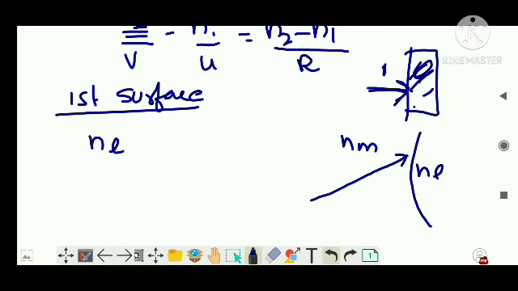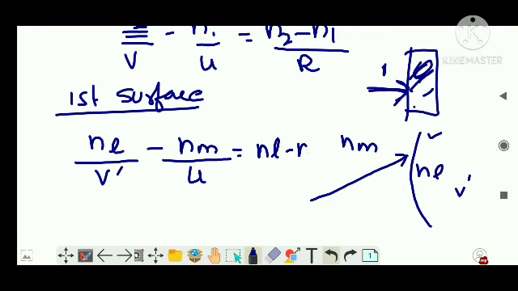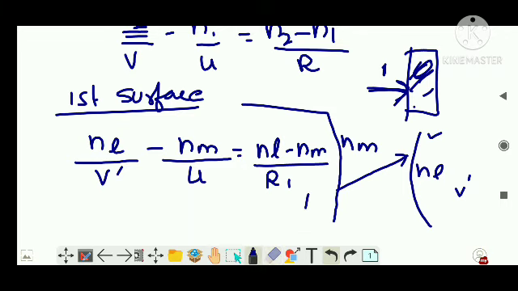N2 becomes NL, the lens refractive index, divided by V dash, since the first refracting curved surface causes the image at V dash, minus NM, the medium from where the light is coming, divided by U, is equal to NL minus NM, divided by R1, since this is the first surface. Clear? Keep that. We will write it as the first equation.